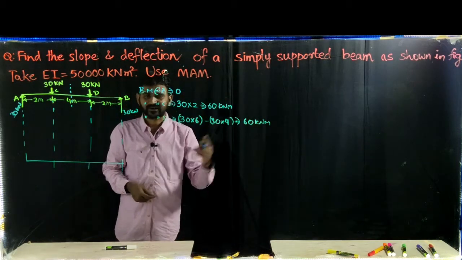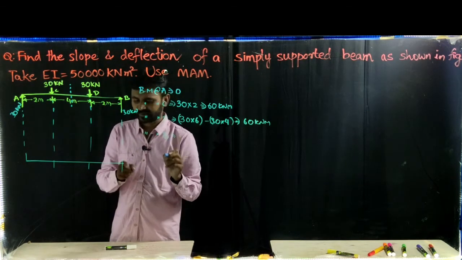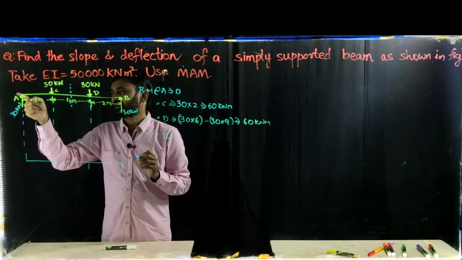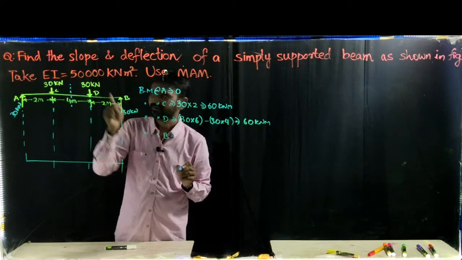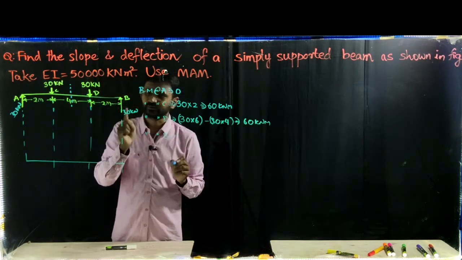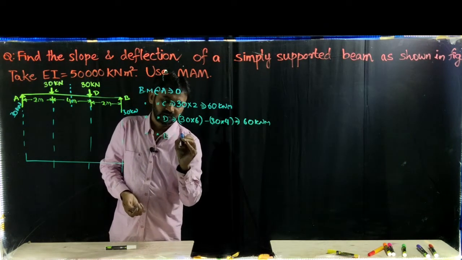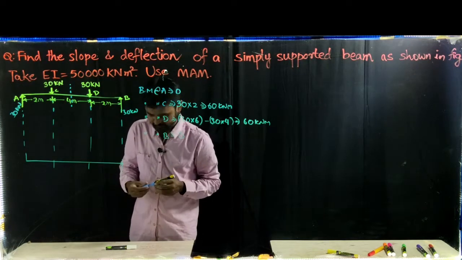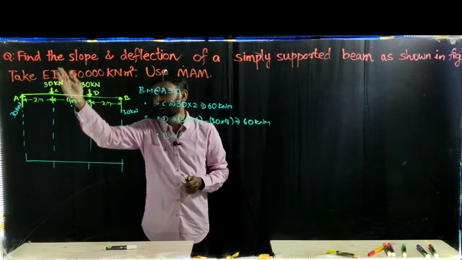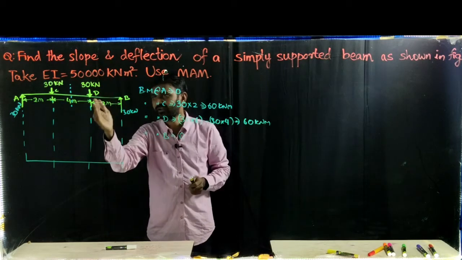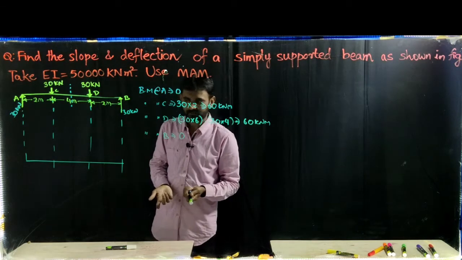Similarly, if you want to calculate at B, I want the bending moment at the particular point B. 30 into 8 minus 30 into 6 minus 30 into 2. So obviously you will get 0, right? Because 30 into 8 minus 30 into 6 minus 30 into 2 is obviously 0 at that point.